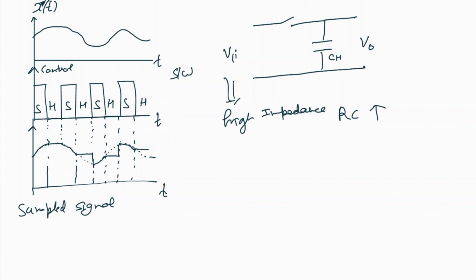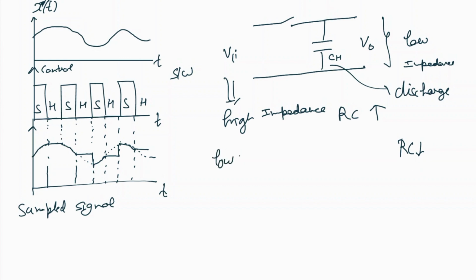At the same time, if the output side has a low impedance, then during the hold period it will not see a very high impedance, so it will discharge. If the impedance is low, then the RC time constant is low, so it will discharge very easily. So it is the opposite.